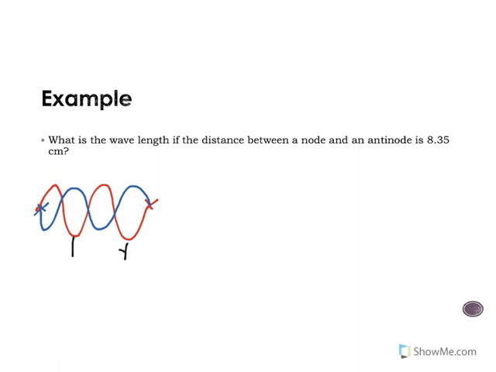So what's the distance here, if we're given that the distance between a node and an antinode is 8.35 centimeters?